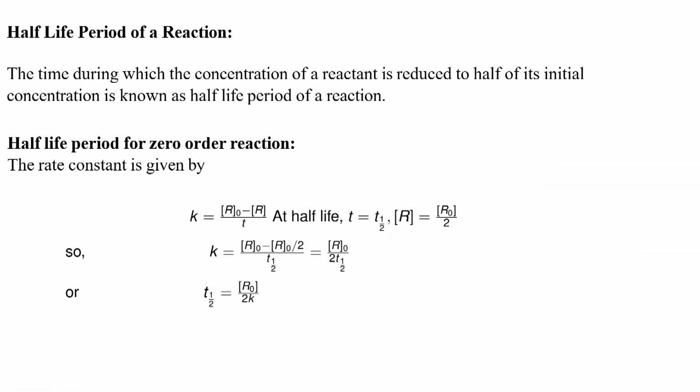Next, we will discuss the half-life period of a reaction. The time during which the concentration of a reactant is reduced to half of its initial concentration is known as the half-life period of a reaction.